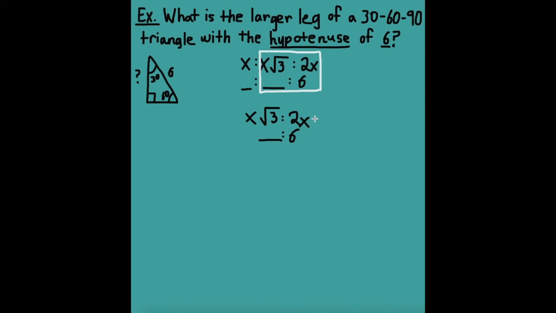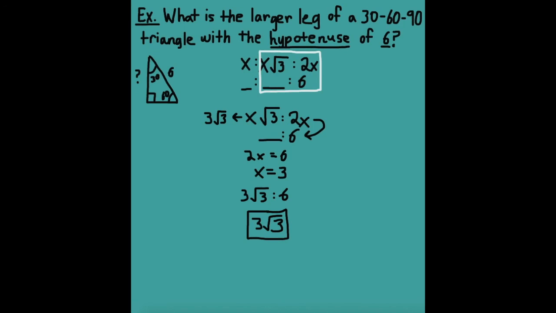Looking at just the hypotenuse ratios, 2x and 6, we can set them equal to each other. 2x equals 6, therefore x equals 3. When we plug 3 back into the ratio, we get 3 root 3 to 6. 3 root 3 is the larger leg of this 30, 60, 90 triangle.